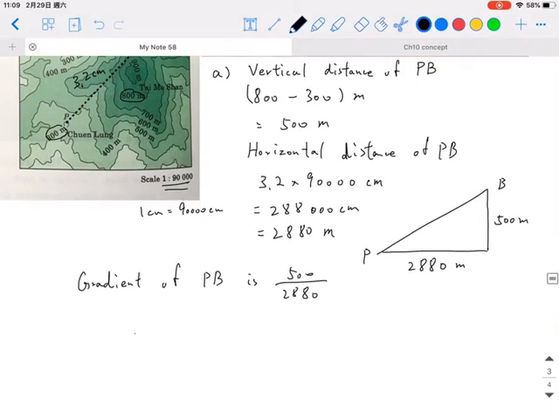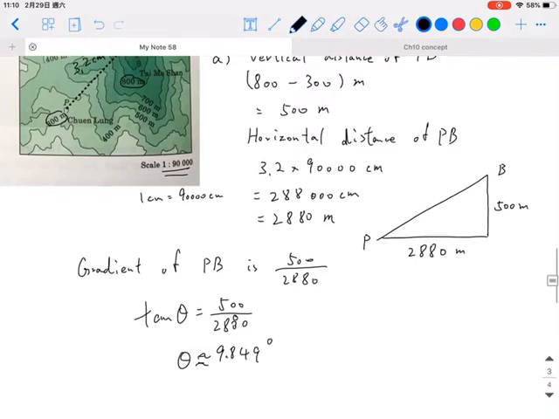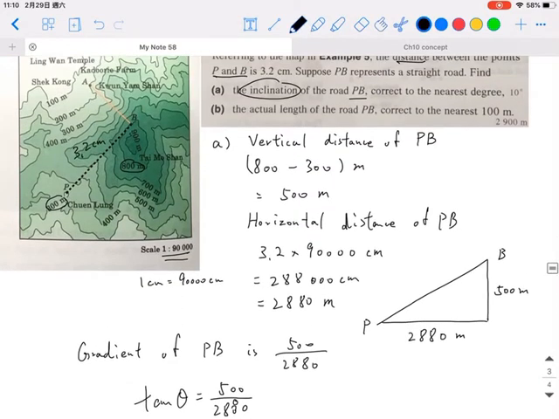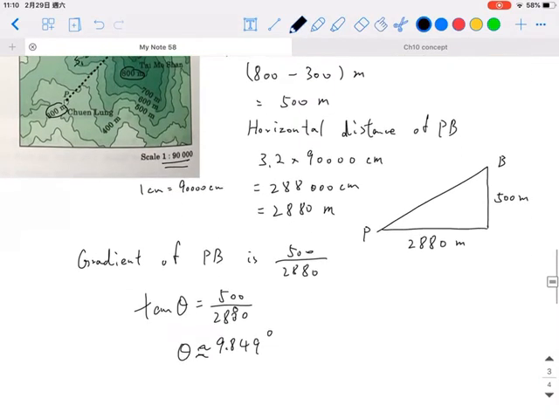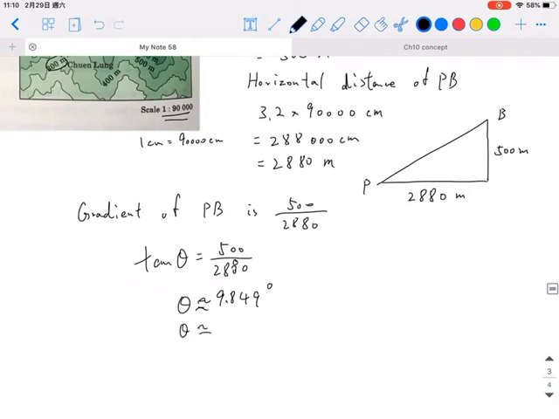So tangent theta is equal to 500 over 2,880. So theta is approximately 9.849 degrees. The requirement is nearest degree, so the inclination is around 10 degrees, correct to the nearest degree.